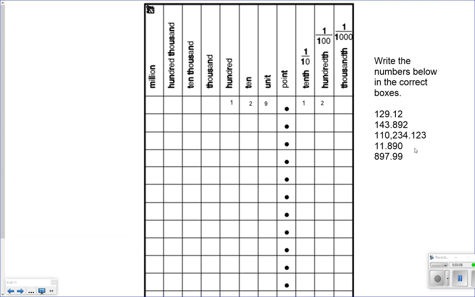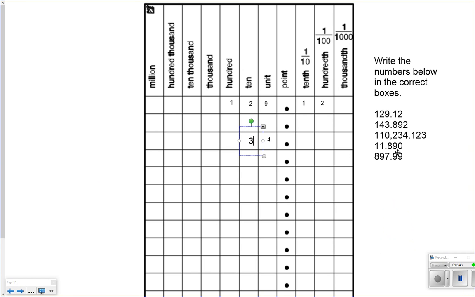We have here a decimal point. Neglect it and go to the left part. We have here 110,234. We have units, tens, hundreds, thousands, 10,000, and 100,000. So I write my numbers here. The units here is 4. So I'll put 4 here in units. Okay, tens is 3. So I write 3 here in tens.